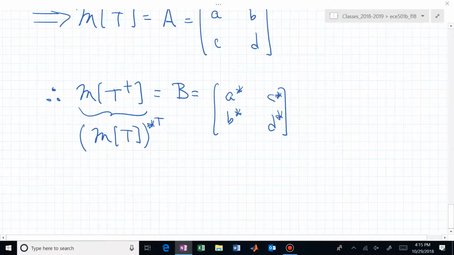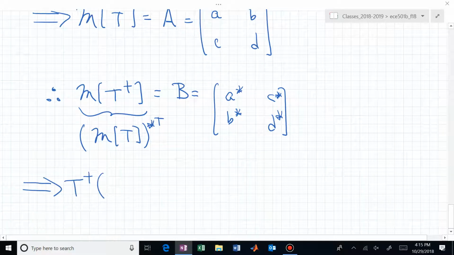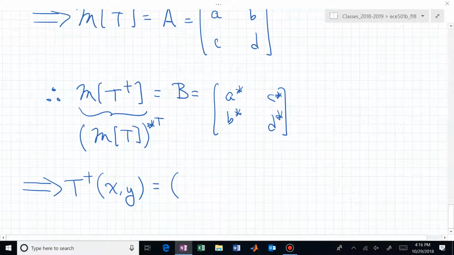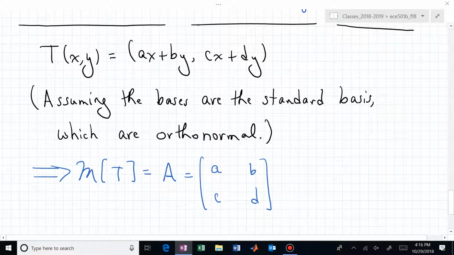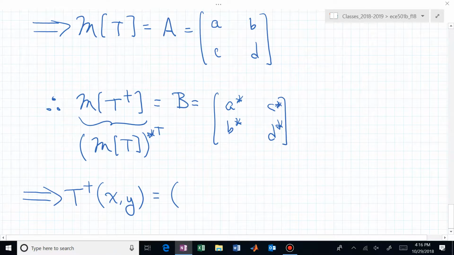If that's the case, what does the adjoint look like in terms of a linear map? What is the first coordinate in this linear map of my adjoint if this is the matrix representation of that linear map? So now I'm basically saying, we produced this capital A from that T. Now I want you to create from this B the capital T dagger.